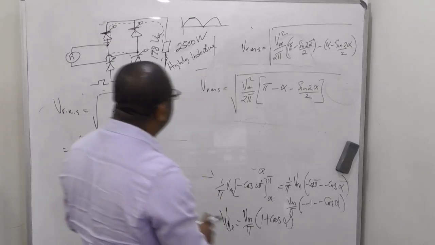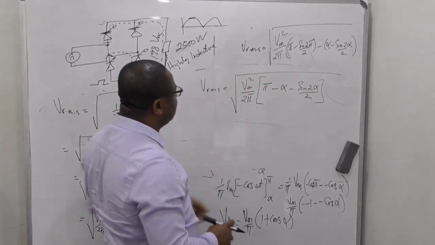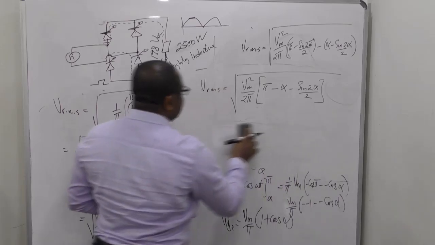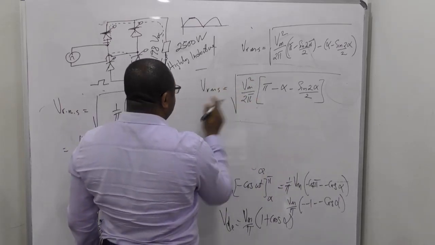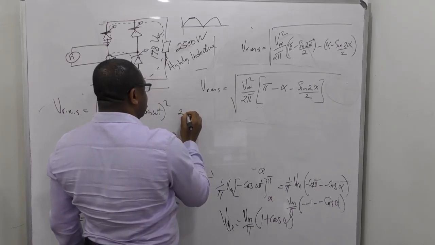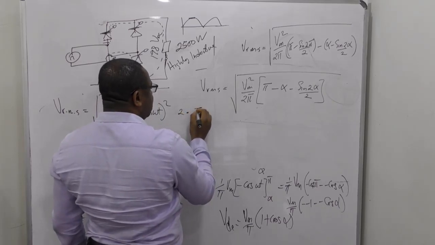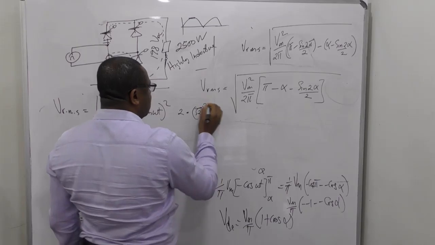So you can just write this in a better way. Remember that 2 is the same thing as root 2 squared.